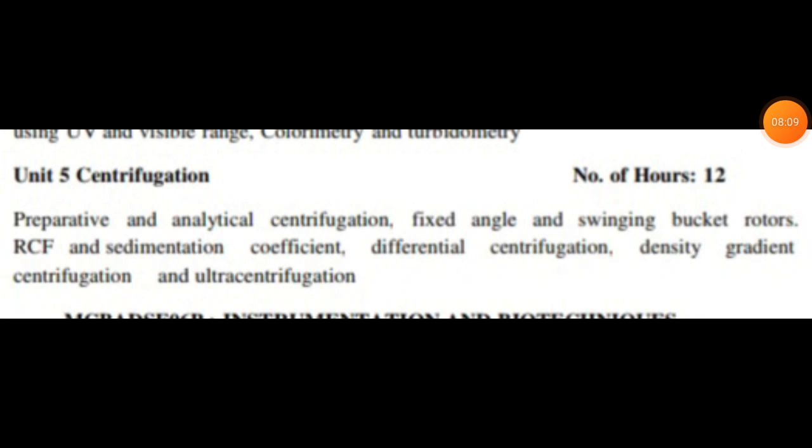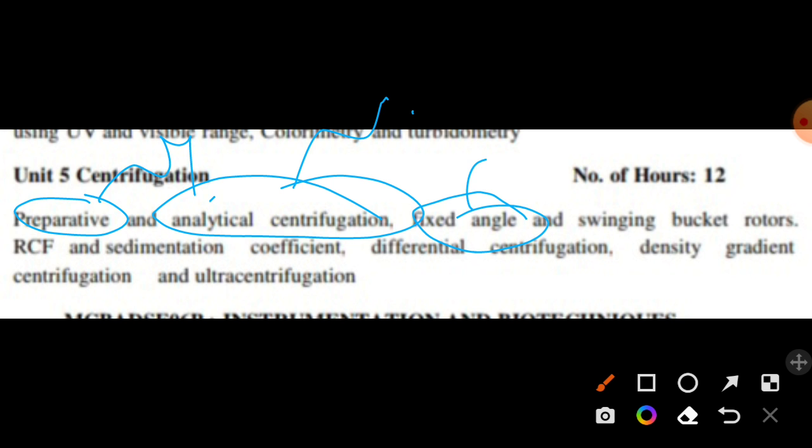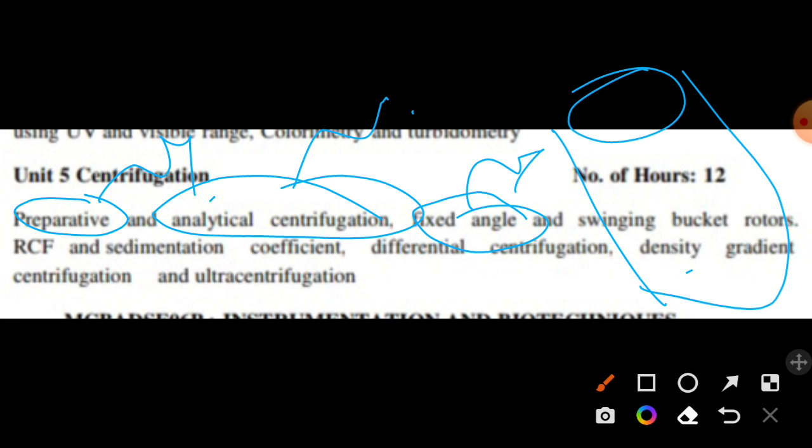Okay, so now we have discussed preparative centrifugation, where we are isolating our desired particle from the mixture. Analytical centrifugation, where we are analyzing each of the particles. Fixed angle rotor, where we are holding the tube at 45-degree angle.